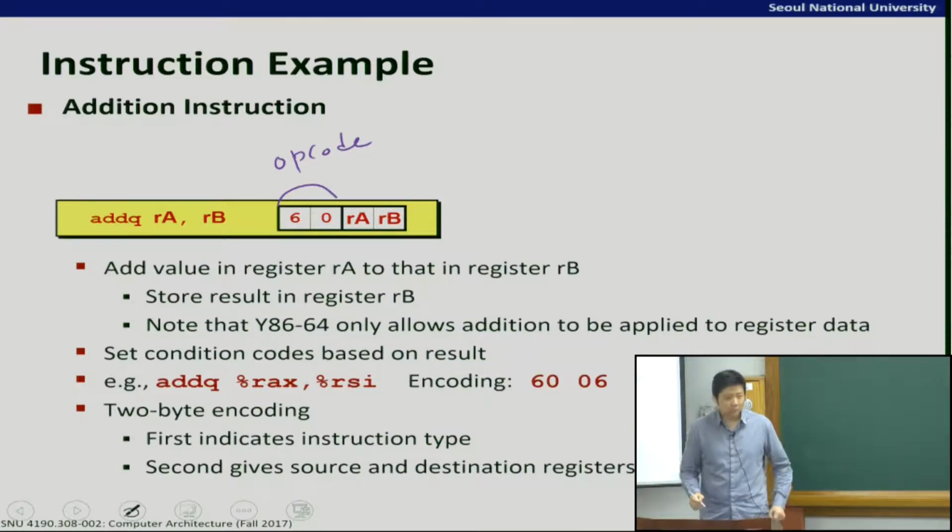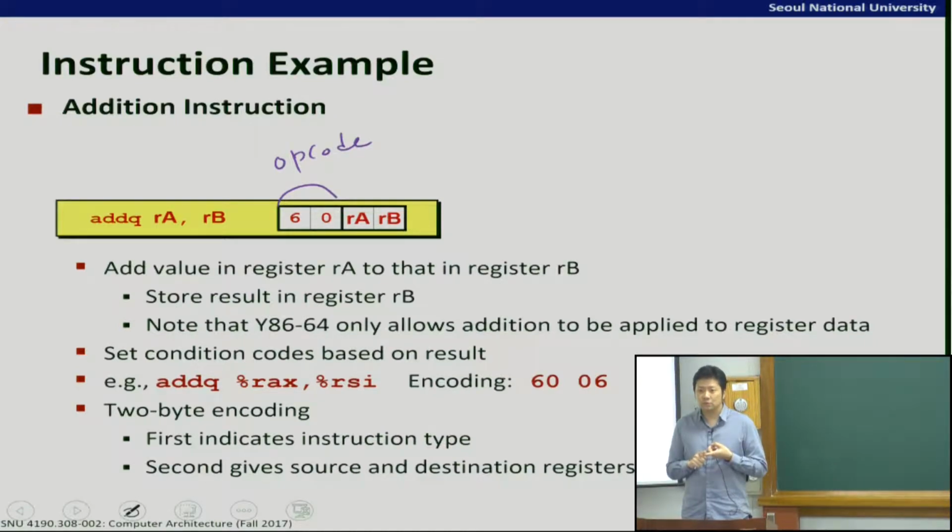If it's 60, we know this is the addq instruction, so it requires 2 register operands, rA and rB. The next byte specifies the 2 registers. In a specific example, addq %rax, %rsi adds the value of rax to rsi and stores the result back in the rsi register.